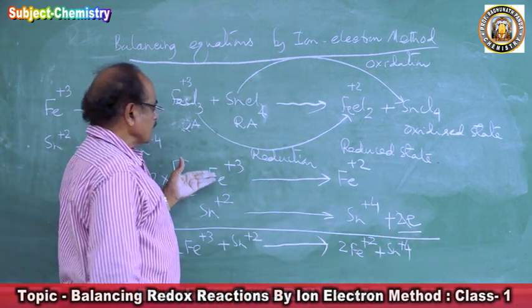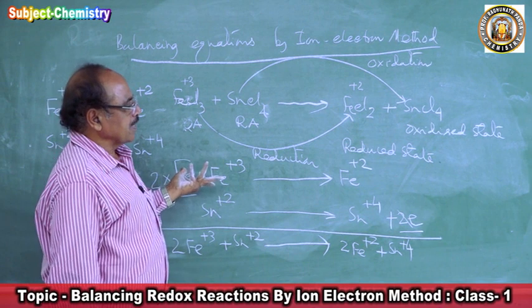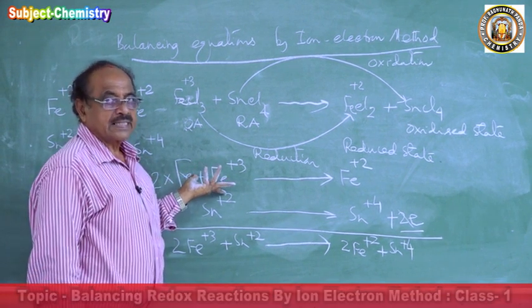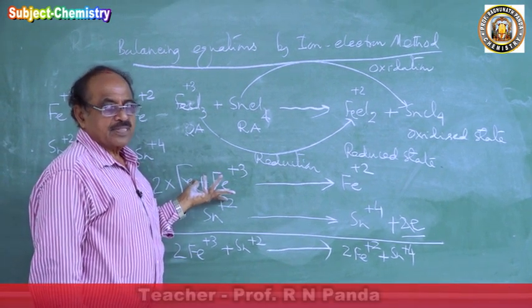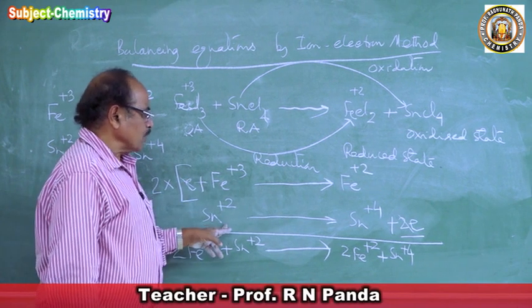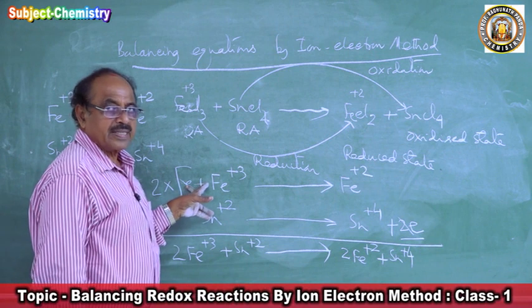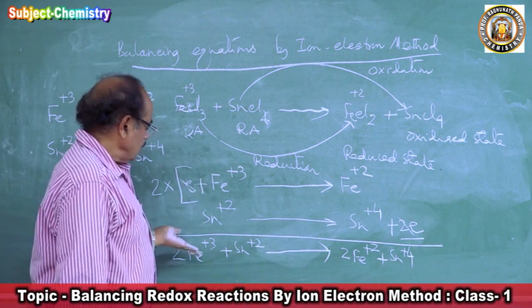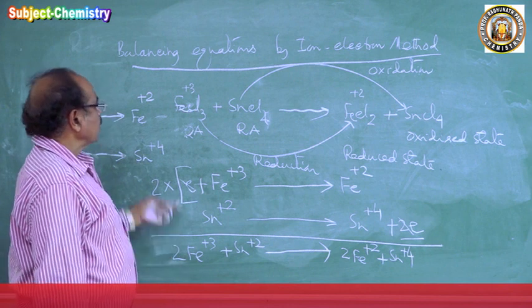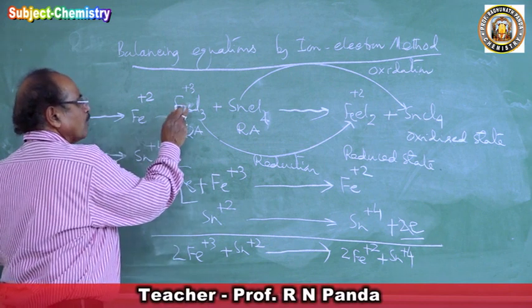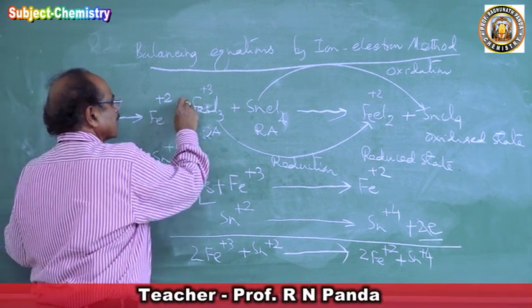Substances react by their equivalences. Here 1 electron is gained, and here 2 electrons are lost. Those 2 electrons will react with 2 molecules, or 2 equivalents, of ferric chloride. Hence we now balance this equation. We will multiply this by 2.